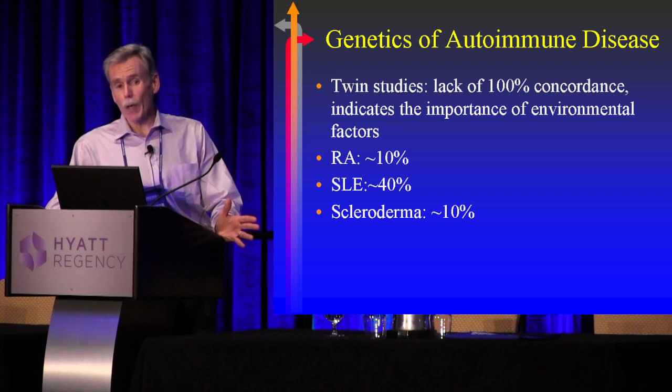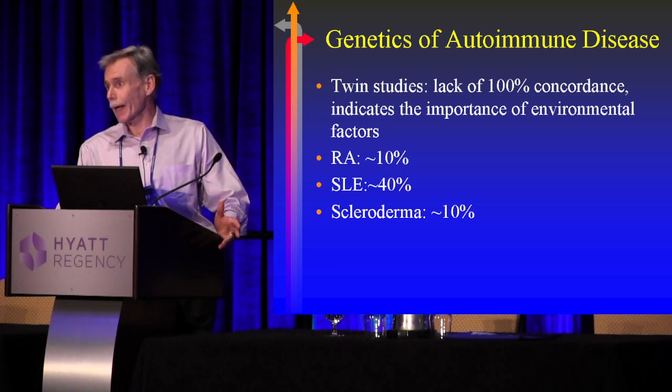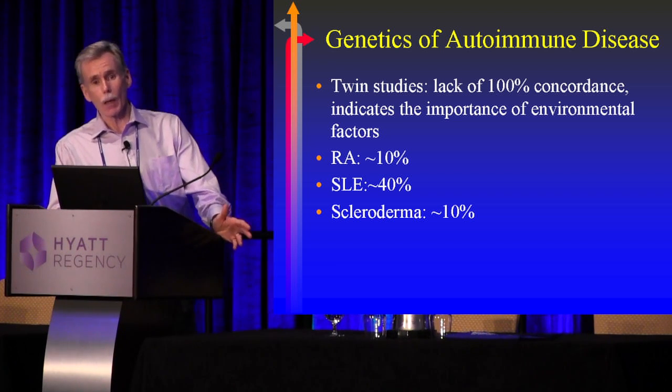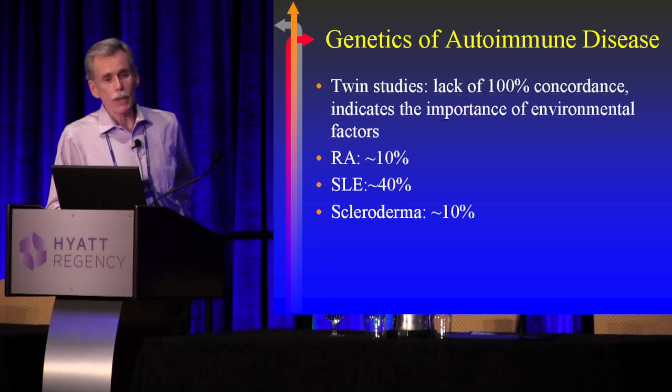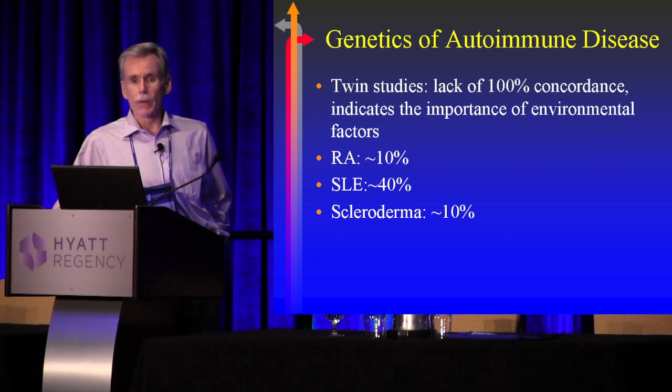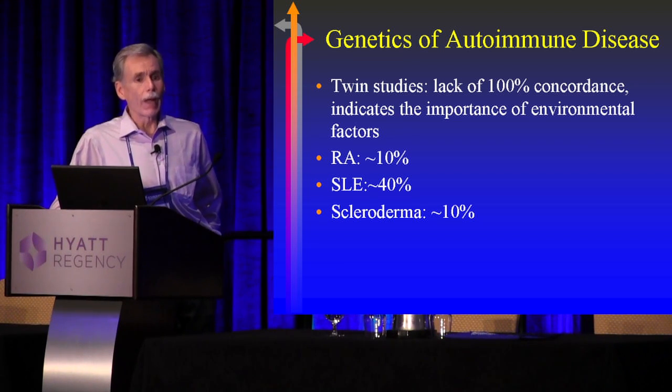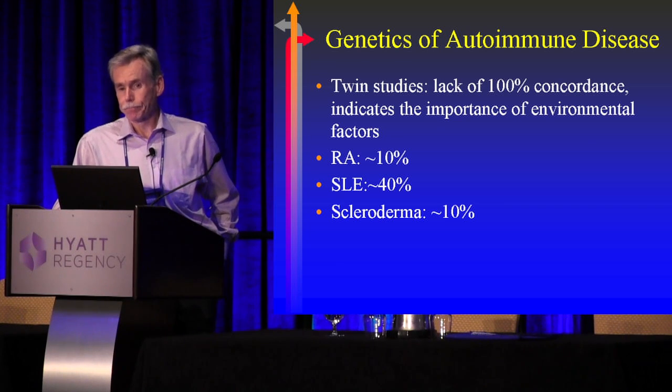So it's certainly not 100%. Even though that individual has exactly the same genetic complement, it's not sufficient to develop the disease. 90% of the time it doesn't happen.